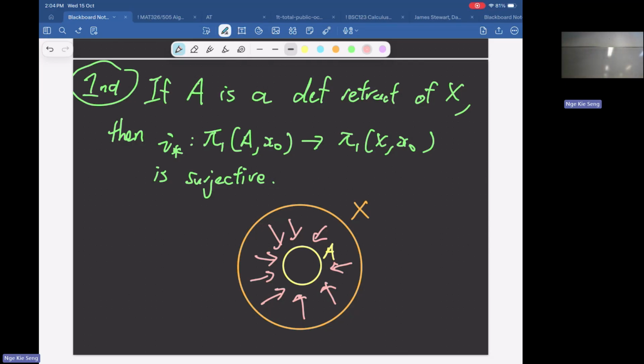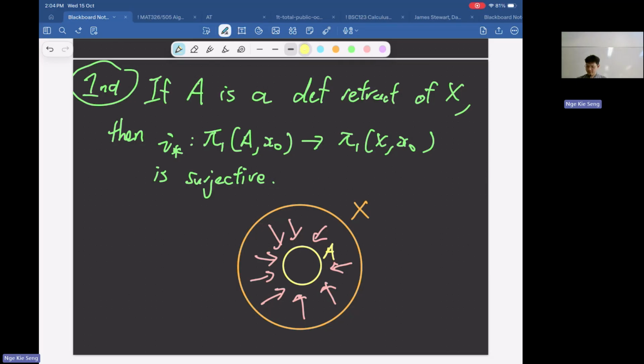For the retraction map here, I think it's pretty easy to construct. How would you construct a retraction map? You can send all the points along the line into the corresponding intersection of that line with the smaller A here. You know what I meant?